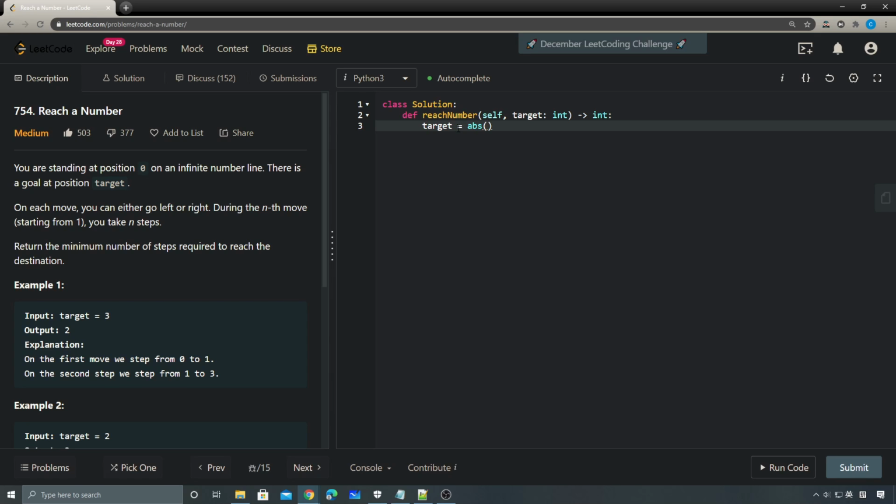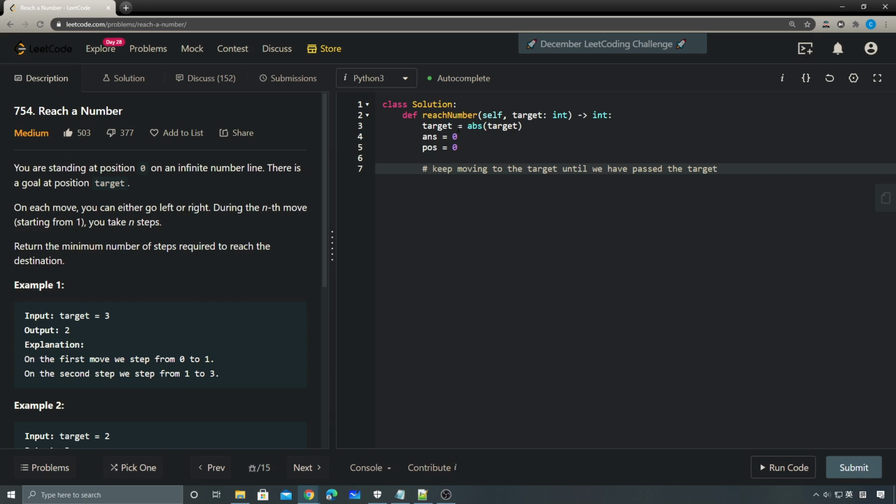So like I said, first let's convert the target to its positive value. Then the answer is the steps, right? And then we have a position equal to 0. First we keep moving toward the target until we have passed the target.